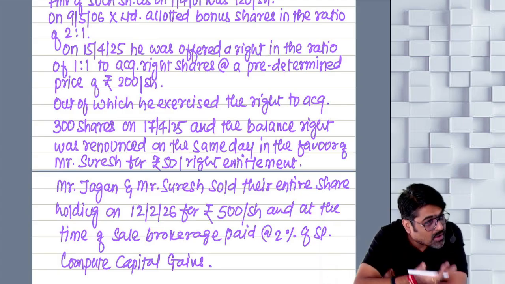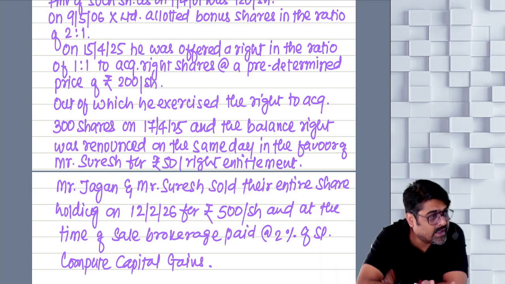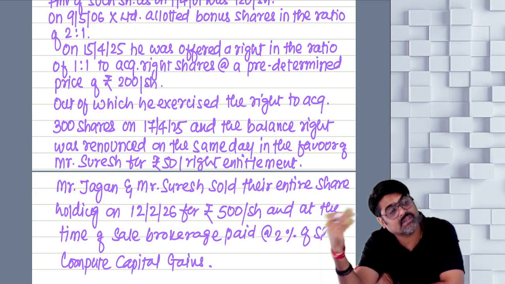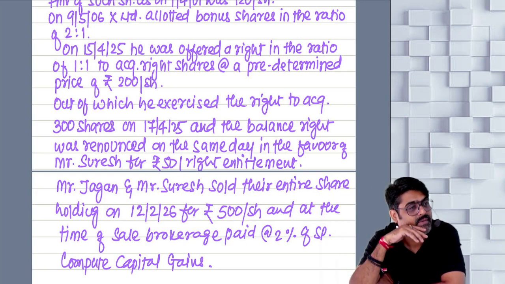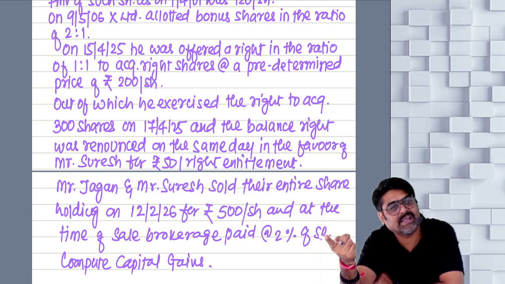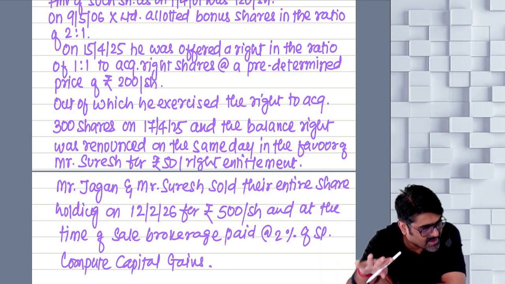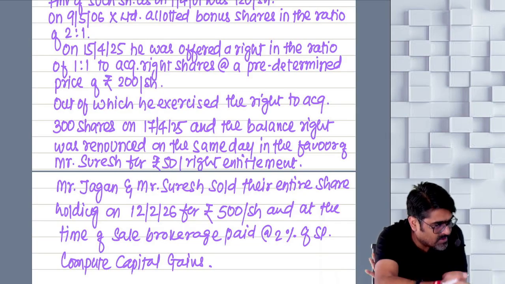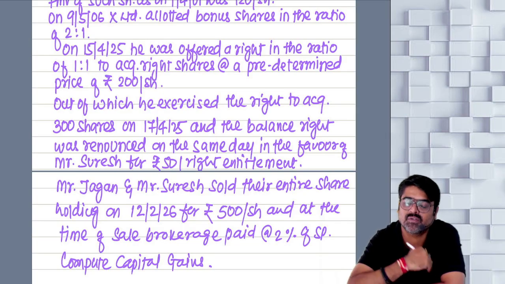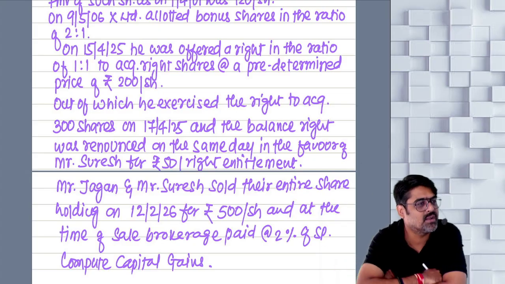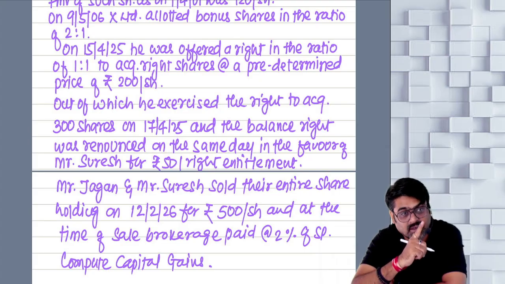So what is the cost of the right which the company is offering you to purchase the right shares? When you purchase the right shares, at that time you are going to give 200 to the company. Did the company take 200 at the time of giving you the right? So what is the cost of the right? Right came free of cost just because you are the shareholder. So cost of acquisition of right will always be taken as nil.